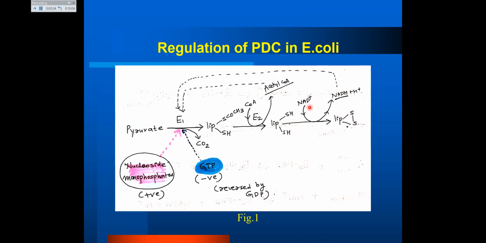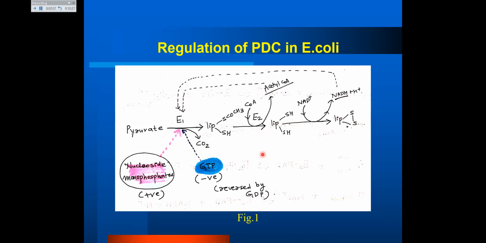So ultimately the ratio of acetyl coenzyme A to coenzyme A as well as that of NADH to NAD plus regulates the activity of this complex. And if the levels of acetyl coenzyme A or NADH go higher, then the complex is inhibited.